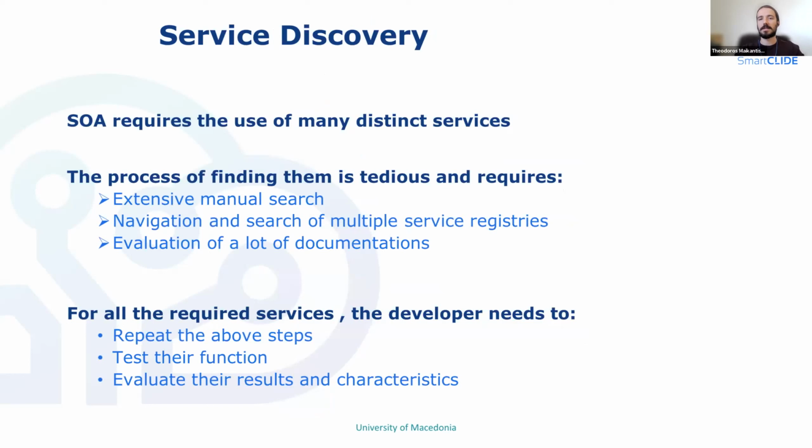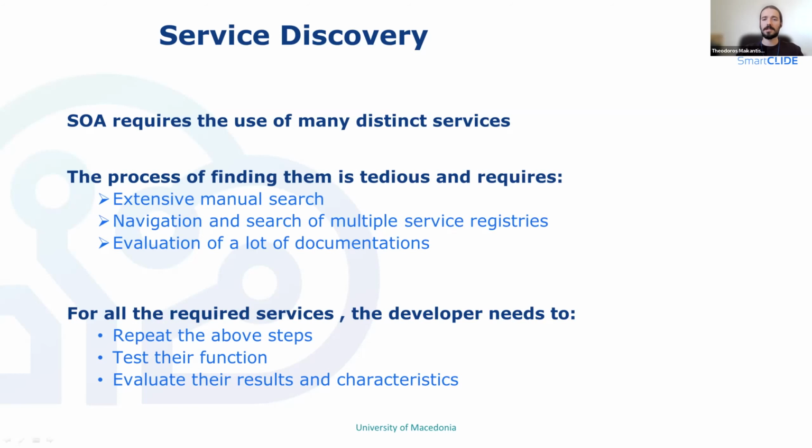The process is very time-consuming and tedious because the user has to search the internet and visit a lot of service registries. The developer must also then read and evaluate every possible service manually. And finally, it must be ensured that the service is functional and accessible. All these steps must be repeated for all of the distinct functionalities found in the problem decomposition step.